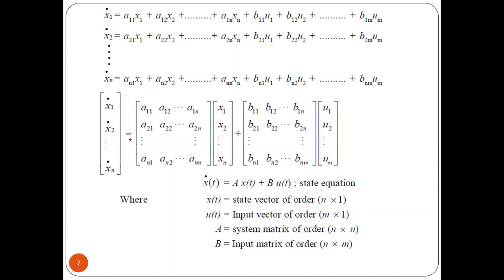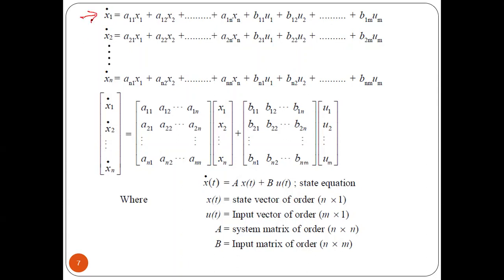Whatever state variables you select, they should be differentiable. If all the state variables are differentiable, then the relation between the first order derivatives of the states and the states themselves and the input variables is like this.